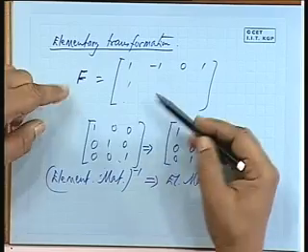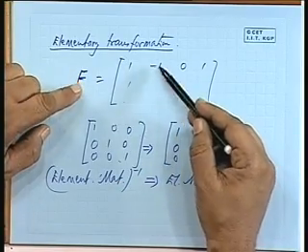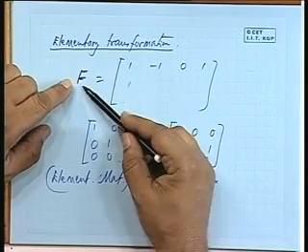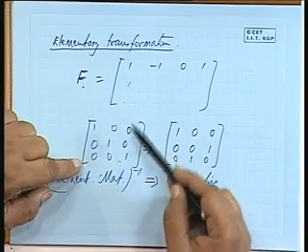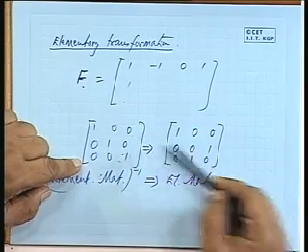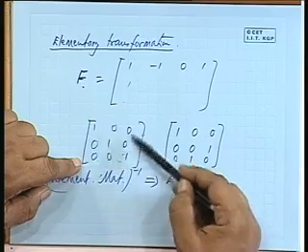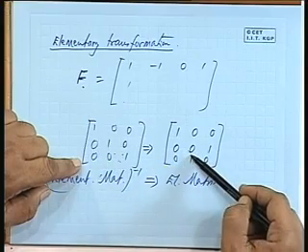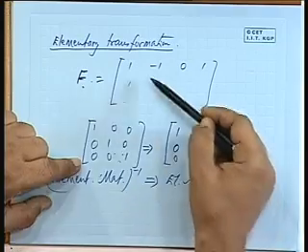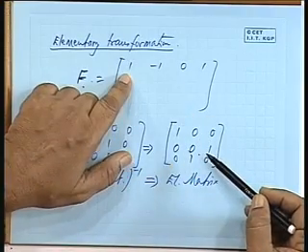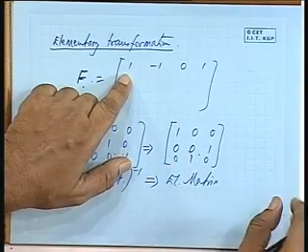So, instead of interchanging rows etc. on F matrix, you can also do that interchanging on the unity matrix, get an elementary matrix and multiply F, the original matrix, by this elementary matrix. You will be getting the same end product.